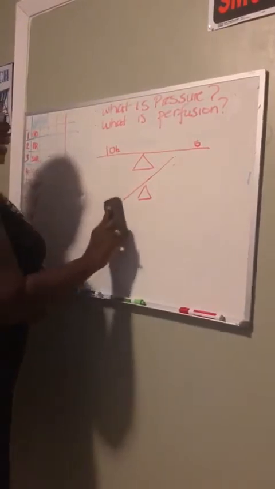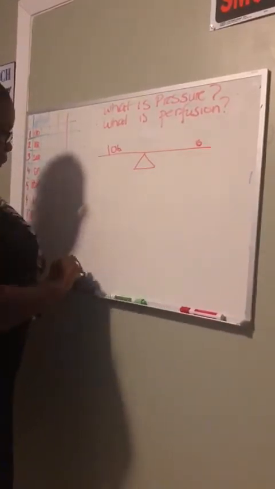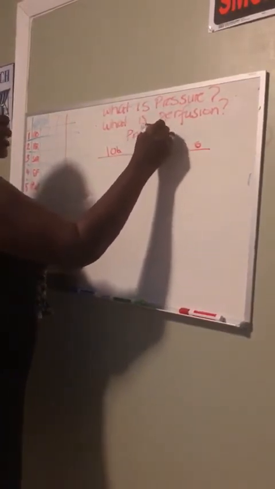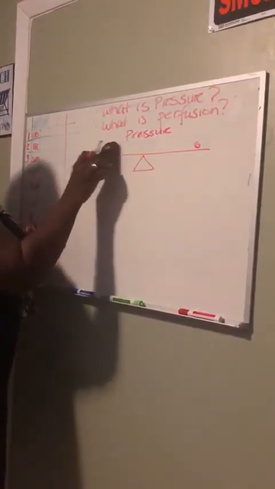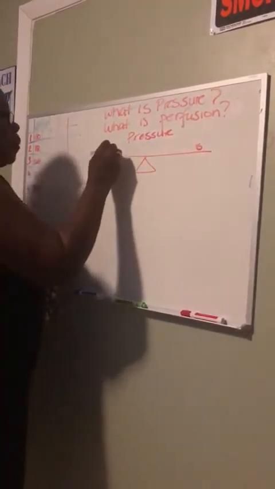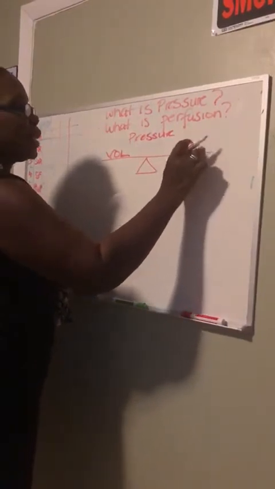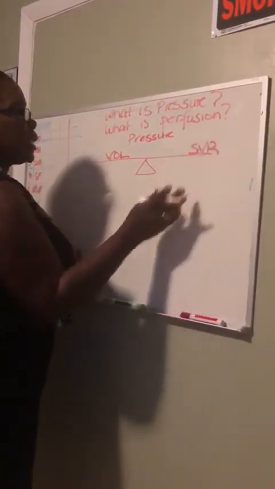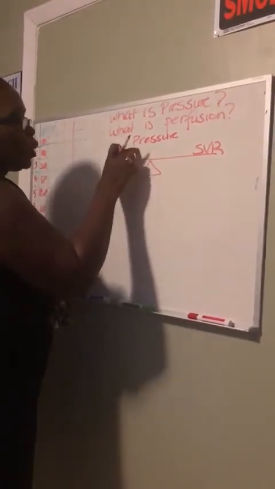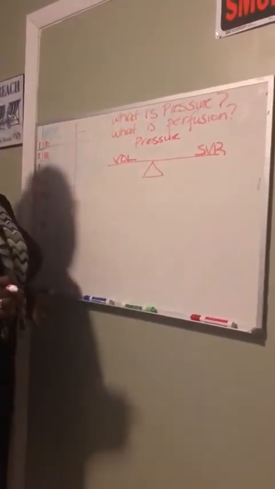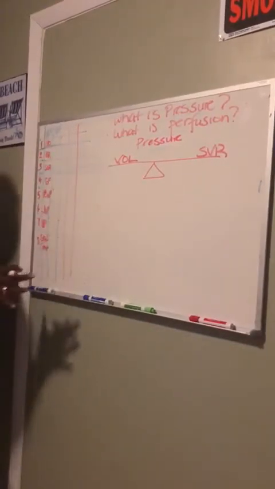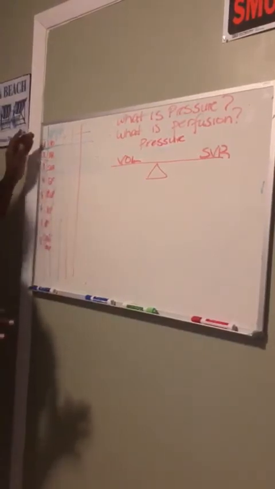So what happens is pressure in the vasculature system is the balance between volume and systemic vascular resistance. So when your pressure is stable, you have a balance between the volume and the systemic vascular resistance. That's very important because this little table here, you're going to have to memorize this table.